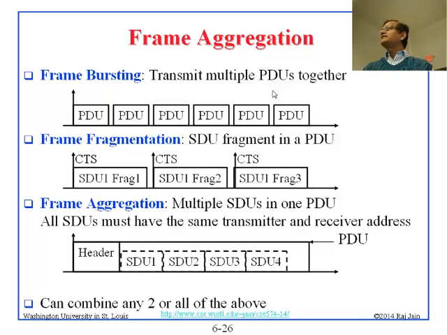Of course, fragmentation can be done same way. Do the fragmentation and then put them in a burst. Or you could have some tiny stuff, some big stuff, something is fragmented, something is aggregated, put them into PDUs, right? So everything is all independent. Any question about this?